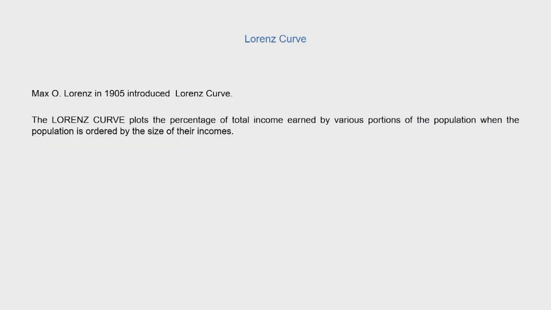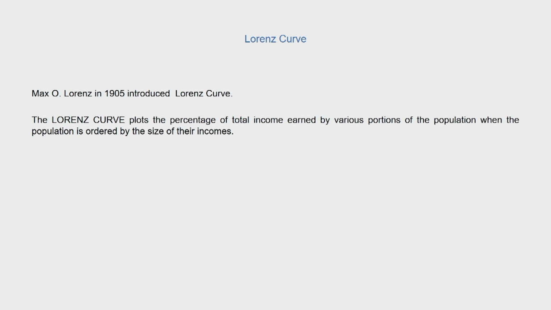Let us begin with the Lorenz curve. The Lorenz curve was first introduced in 1905 by Max O. Lorenz, and it basically plots the percentage of total income earned by various portions of the population when the population is ordered by the size of their incomes. So what is it basically doing?